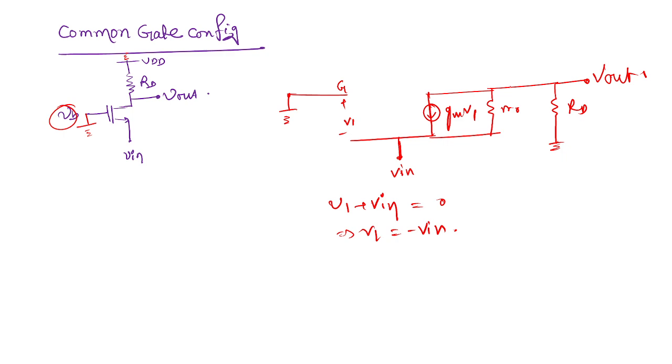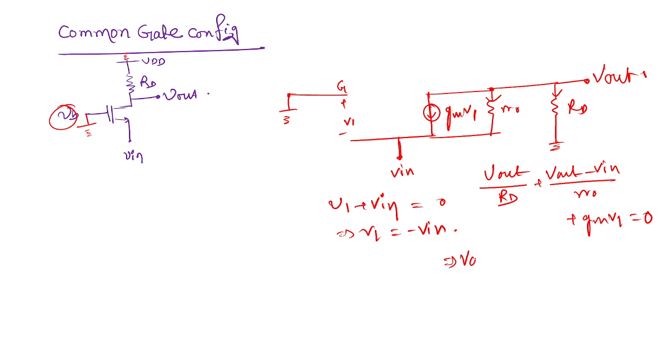So if you write KCL in this node, what can you write? V out by RD, outgoing current. This is also outgoing current. All three are outgoing current. V out by R0, sorry, V out minus Vin by R0 plus GM V1 is equal to 0.